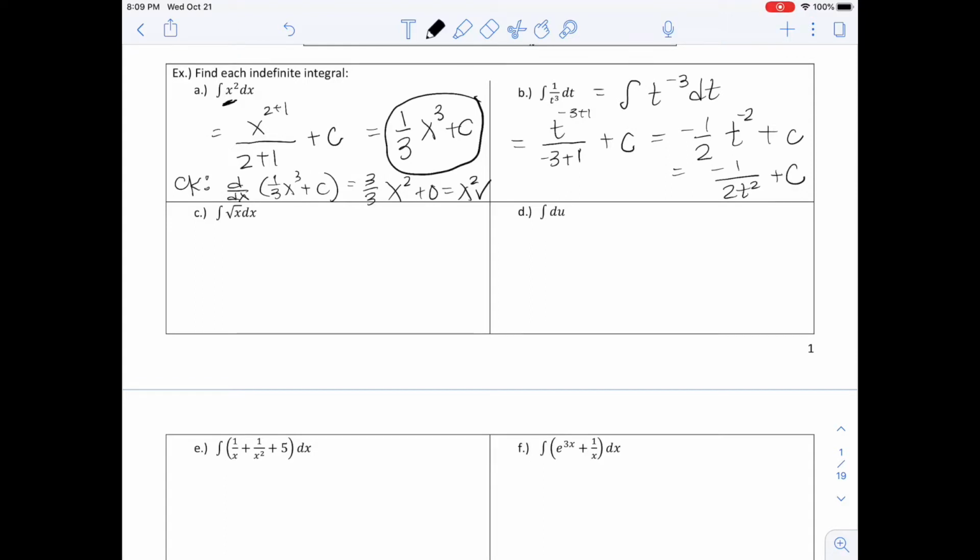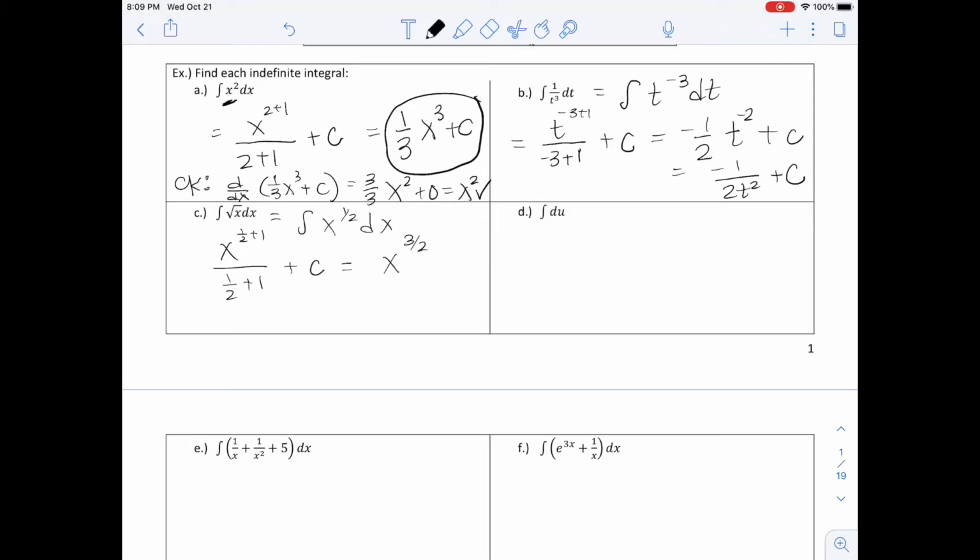For c, we are going to rewrite this as the integral of x to the 1/2 dx. So when we go ahead and do this, same idea. I'm going to take my exponent and add 1 to it, and divide by that same value that we have, plus c. X to the 1/2 plus 1 is going to be x to the 3 over 2.